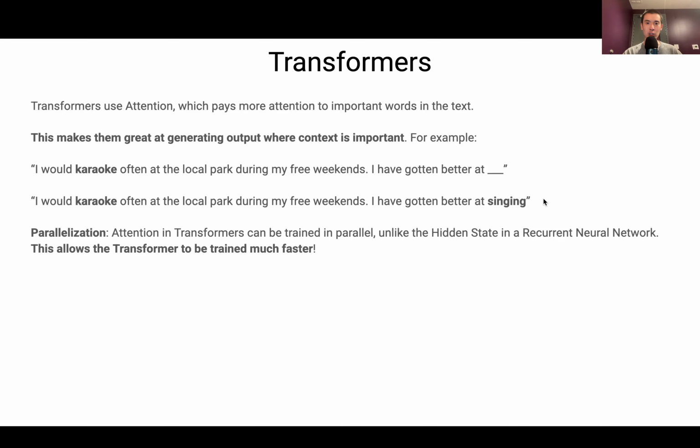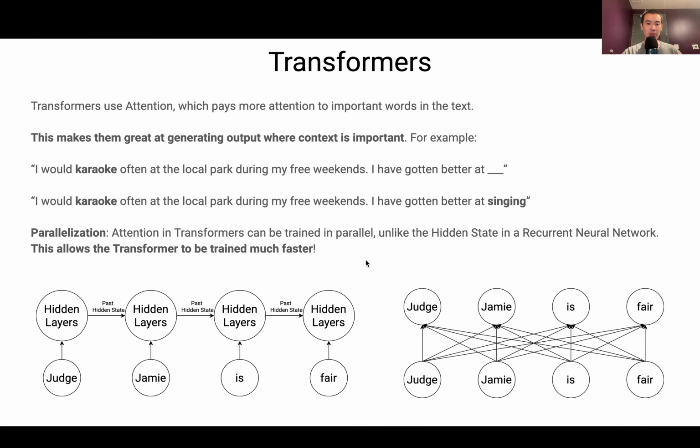Transformers also have parallelization. Attention in transformers can be trained in parallel, unlike the hidden state in a recurrent neural network. This allows the transformer to be trained much faster. So here's another example. In an RNN, if we want to calculate past hidden state 3, we have to first calculate past hidden state 1, then past hidden state 2, and then finally we can calculate past hidden state 3.